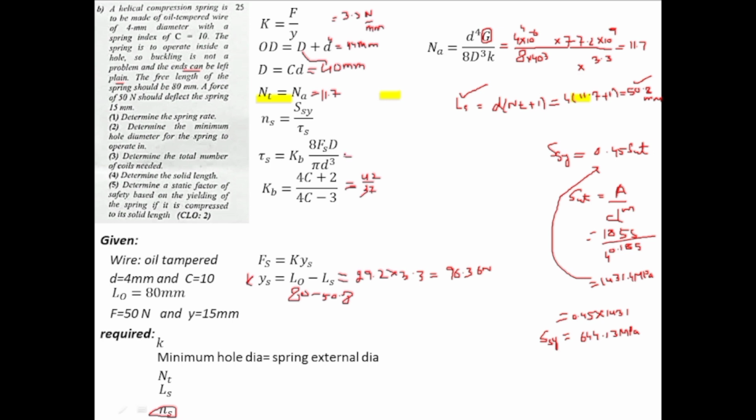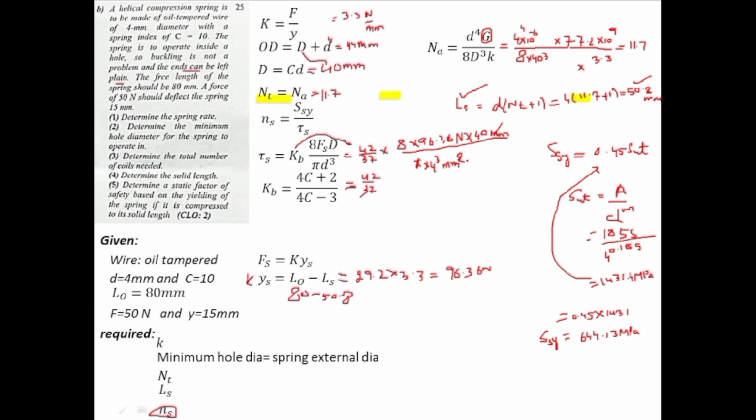So put all values over here. Fs is 96.36 Newton. Mean coil diameter is 40 millimeter. Wire diameter is 4 millimeter. So now cancel out this millimeter with this one. So in the denominator we will get millimeter square.